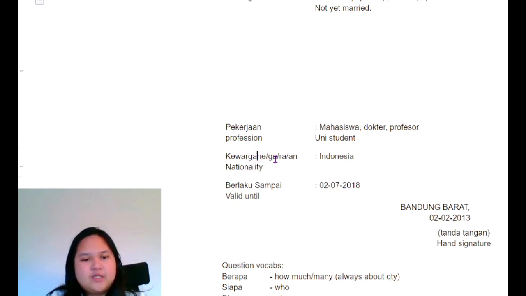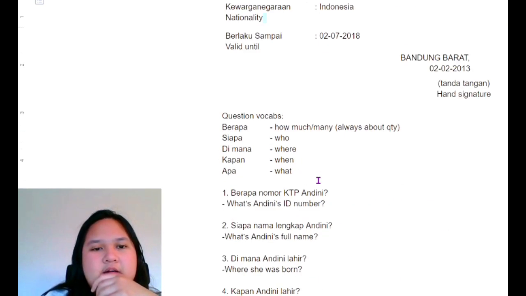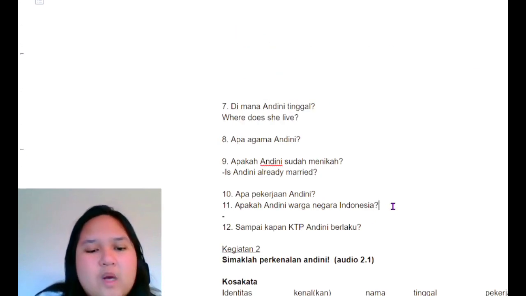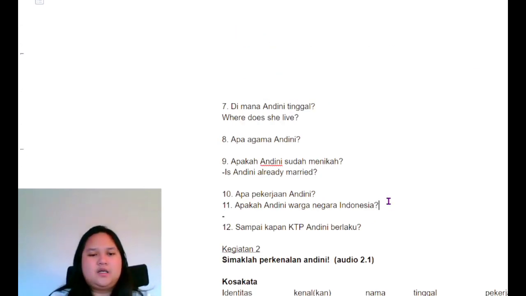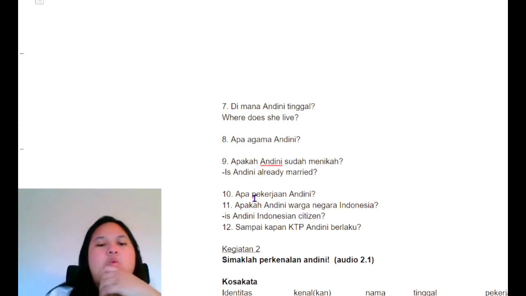I mean, the root word is warga negara, and warga negara means yeah, the citizen. So warga negara is citizen. So is Andini an Indonesian citizen? Yeah, citizen. Warga negara itu citizen.